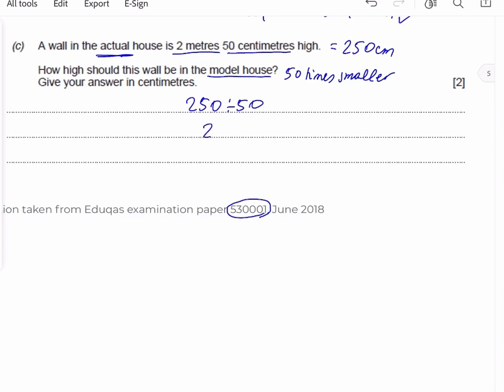Divide by 50, and that's the same as 25 divided by 5. We're just simplifying the division. So the height of the wall should be 5 centimeters on the model.